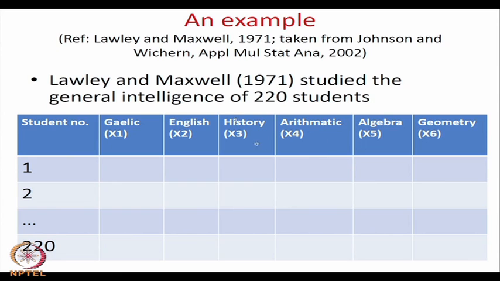In order to test the general intelligence of these students, the performance of each student on these 6 subjects was obtained, and with this data set factor analysis was conducted to see whether these 6 x variables you are observing are actually 6, or can be combined into a reduced number of factors.